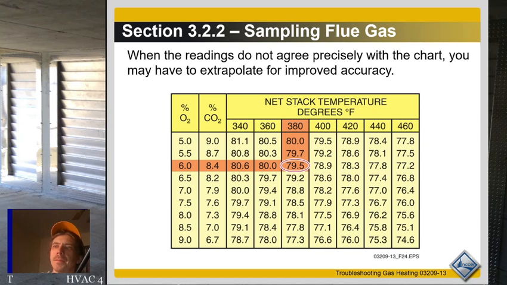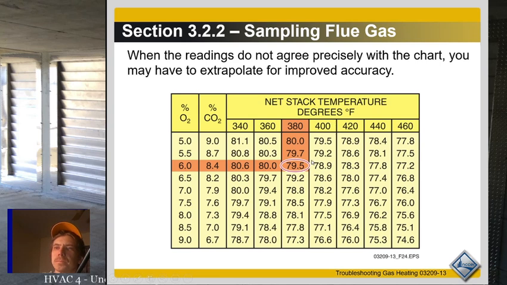Say the easiest example right here would be, say your net stack temperature wasn't 380 and it wasn't 400, but these were your concentrations of O2 and CO2, right? If it was 390, then 79.5 and 78.9, you're going to be somewhere in between there.